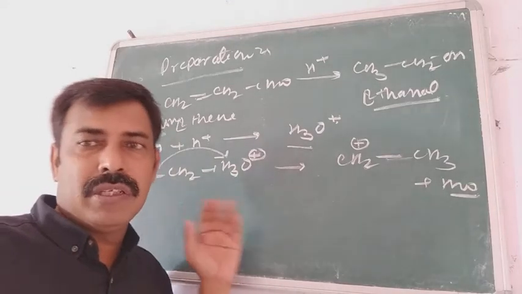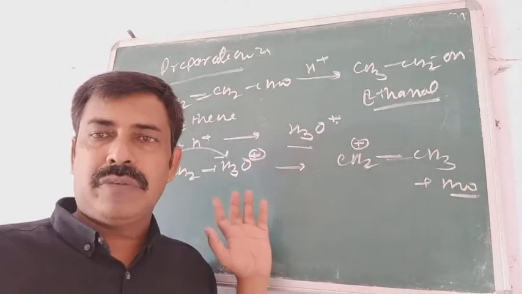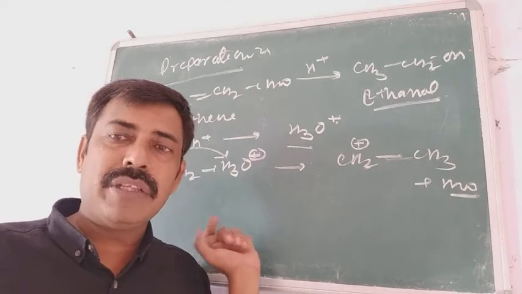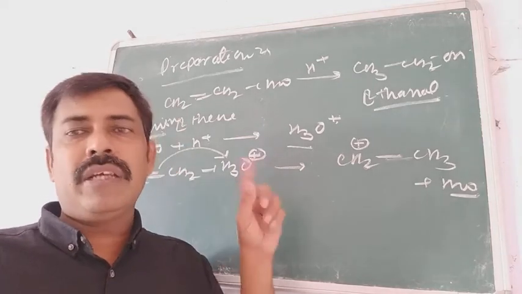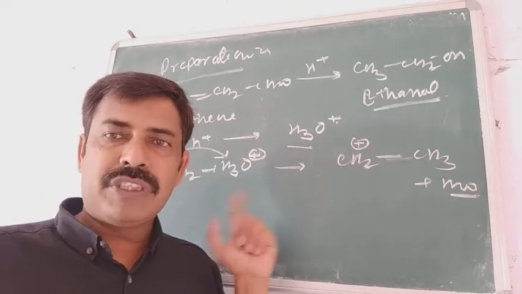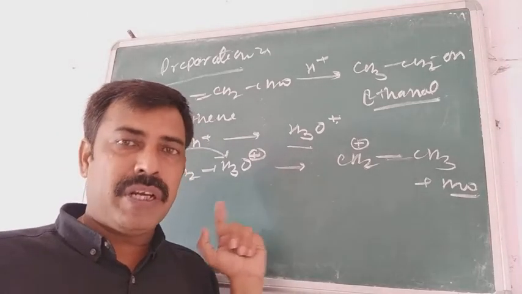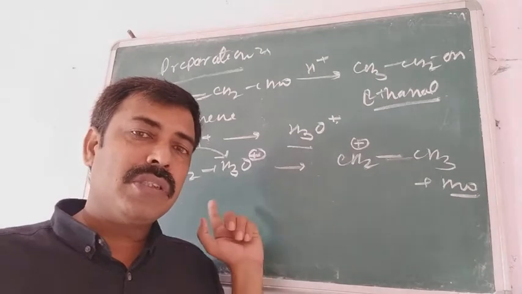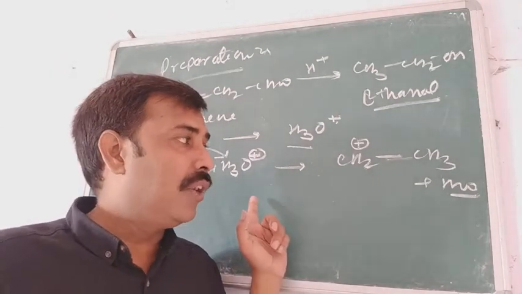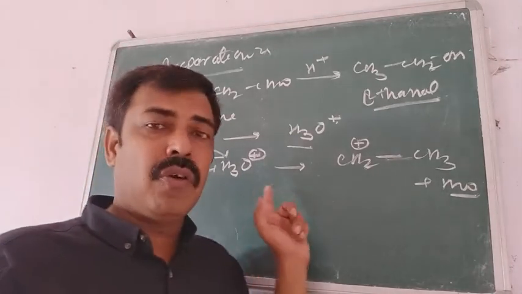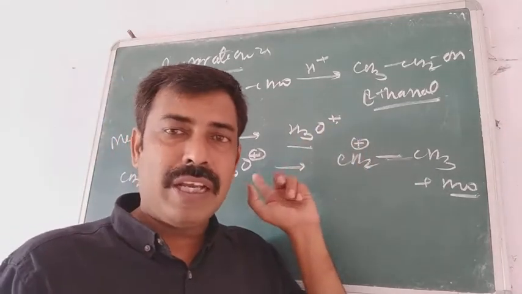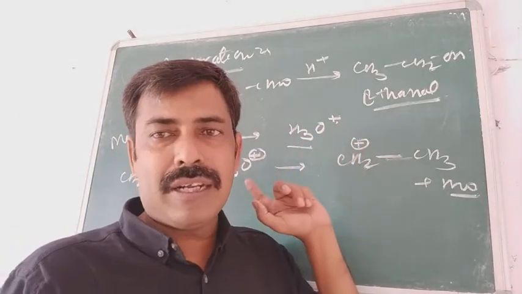There is no charge, neither positive nor negative, in the case of ethene. But there is a double bond, which is an electron-rich system. So, that double bond will participate in the reaction and is considered as a negative charge, as an electron. So, it approaches the cationic portion.